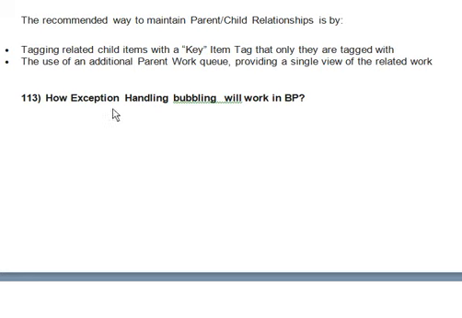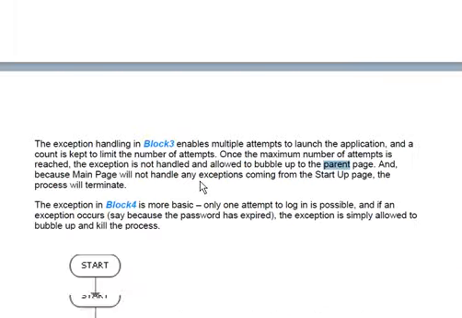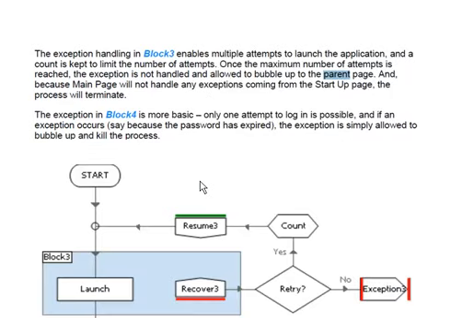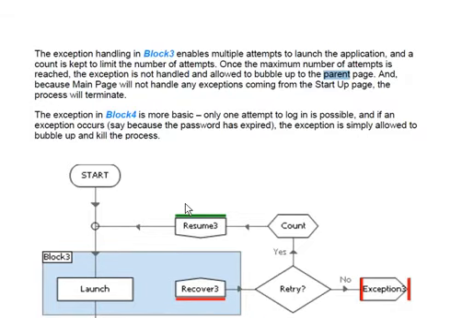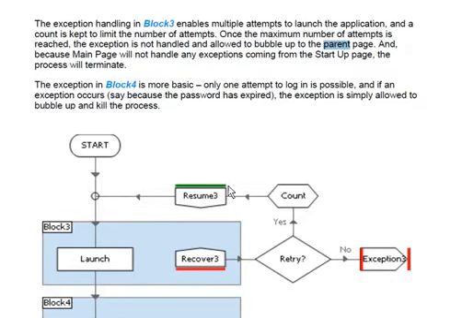The next one is very important. How does exception bubbling work in Blue Prism? Here you can see the diagram. The exception handling in block 3 enables multiple attempts to launch the application, and a count is kept to limit the number of attempts.